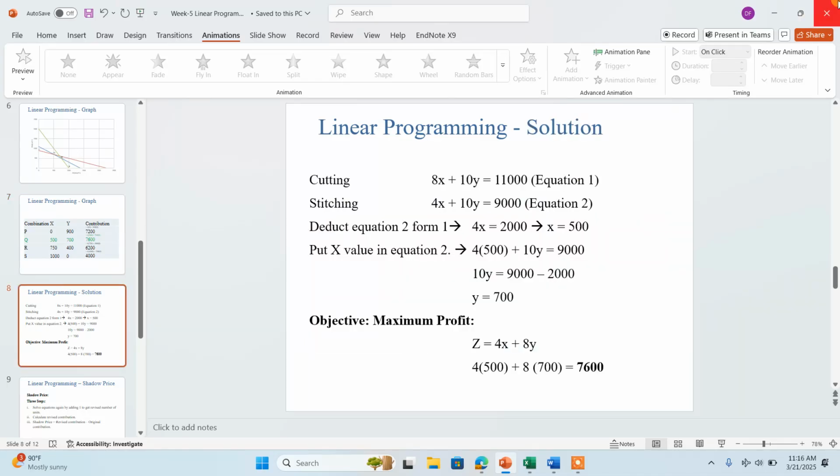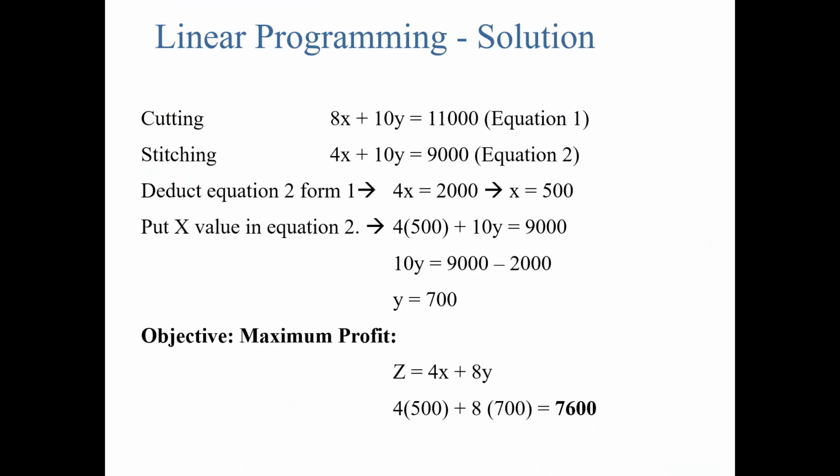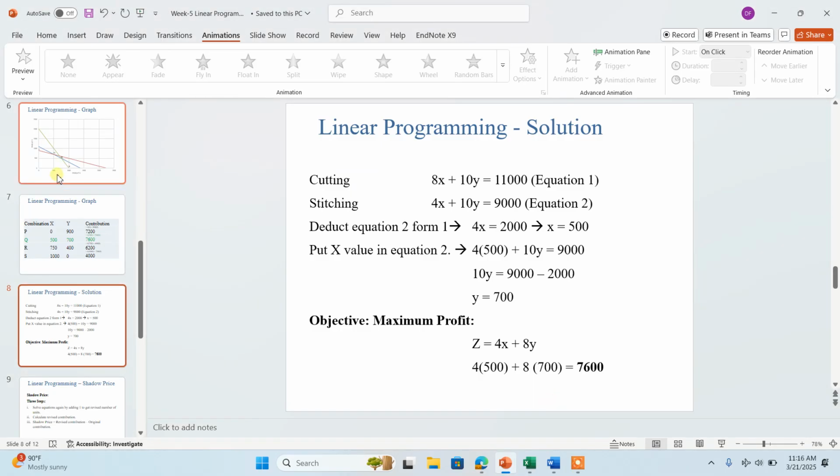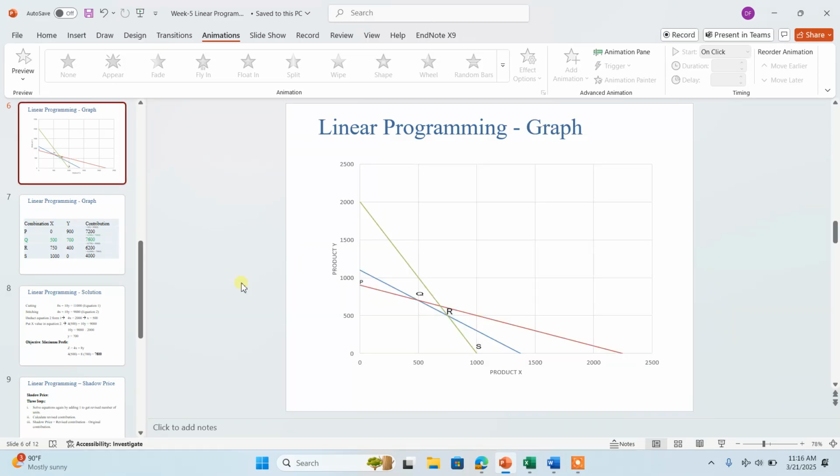So you can see that I have sold it and the maximum profit is 7,600. This is the combination of Q. Now, my dear, as I told you, you can see from the graph that it is the best combination, but we are still wasting some hours.